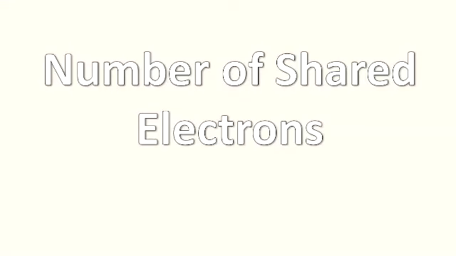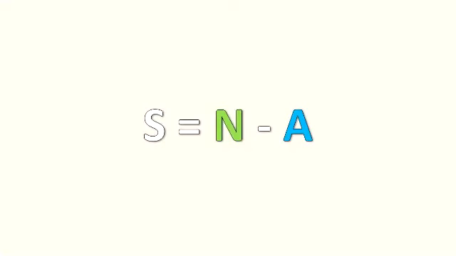First off, we're gonna start with the total number of shared electrons. The formula for this is S is equal to N minus A, where S is the total number of electrons shared in the molecule or polyatomic ion, N is the total number of valence shell electrons needed to achieve noble gas configuration, and A is the total number of electrons available in the valence shell of all of the atoms.